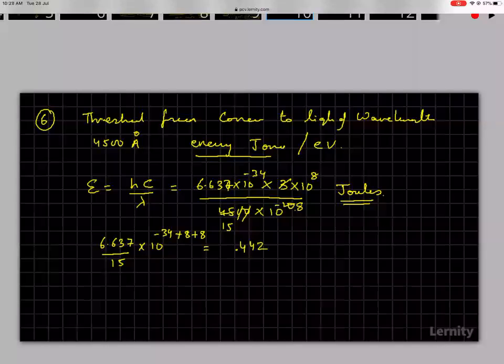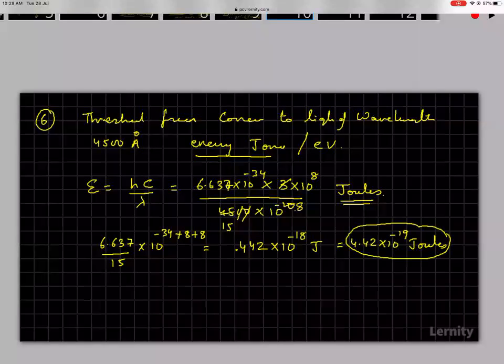So 0.442 into 10 power minus, this is 16, so it will be minus 18 joules. So that is equal to 4.42 into 10 power minus 19 joules. This is the energy in joules.